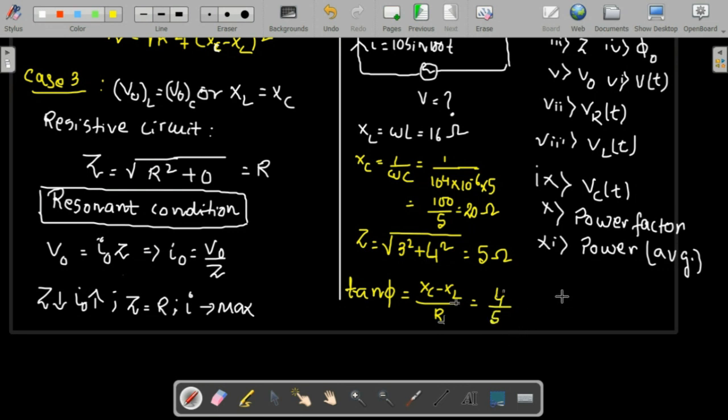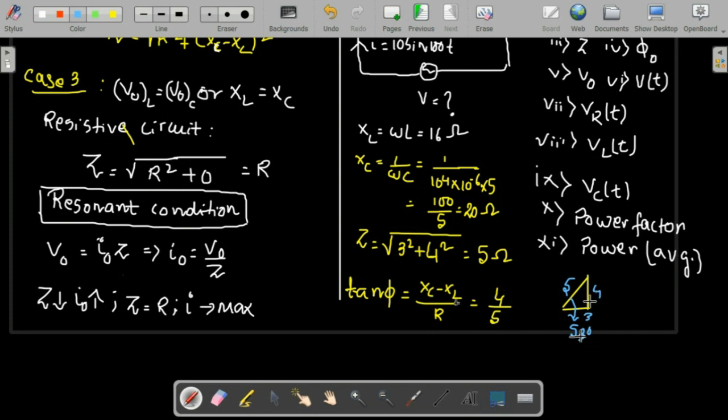For convenience, you can remember this diagram. This value is used a number of times in physics, so that's why it's important. This is 53 degree, and you can look into the sides. You can simply write it down as this is 3, this is 4, this is 5. If you remember this diagram, you can very easily find out what is tan 53 degree.